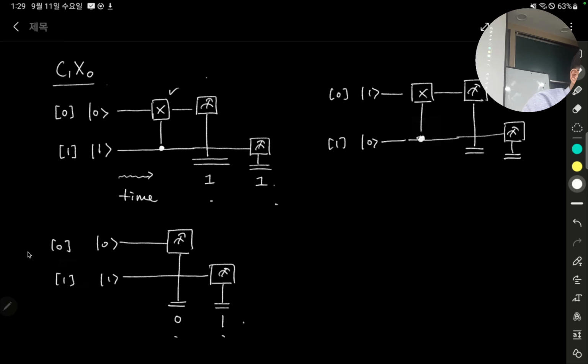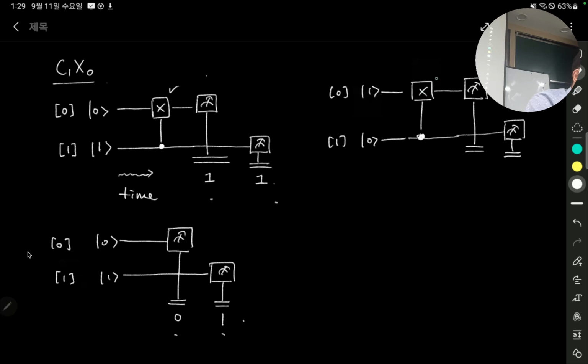So the C0 gate matches the control gate with the state cat 0, and it means it doesn't apply the X gate on the qubit 0. Therefore, there's no application of X gate here. Even though it's there, you see that it's connected to the control gate, so it's not activated. So it's still in the cat 1 state.